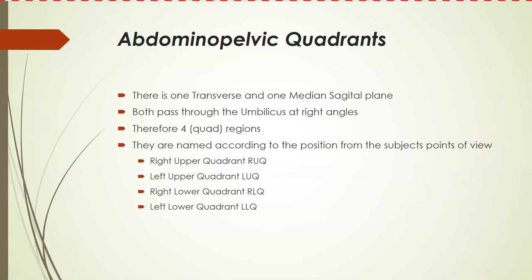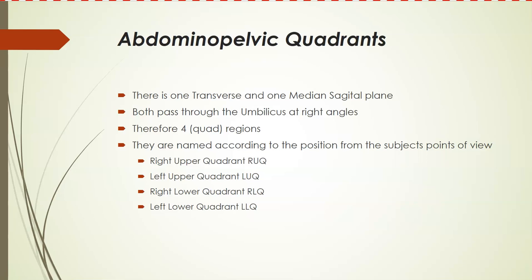Now, when we look at regions versus quadrants, quadrant means exactly what you think it does. It's something that's divided into four. Quad meaning four. So where there were two transverse and two parasagittal planes in the regions, in the abdominopelvic quadrants there is one transverse and one median sagittal plane, and they bisect right at the umbilicus.